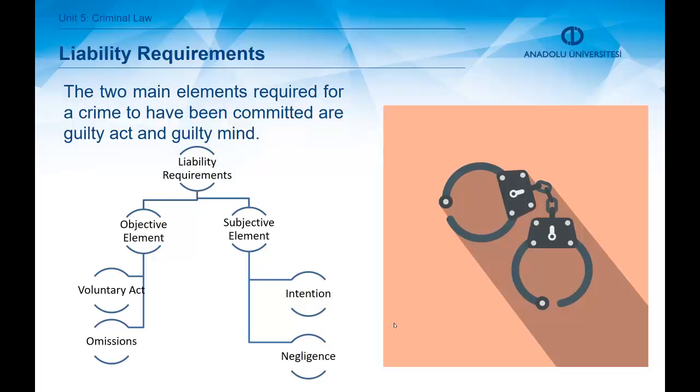The two main elements required for a crime to have been committed are a guilty act and a guilty mind. Liability requirements are two: the objective element and the subjective element. The objective element is either a voluntary act or omission. The subjective element is either intention or negligence.